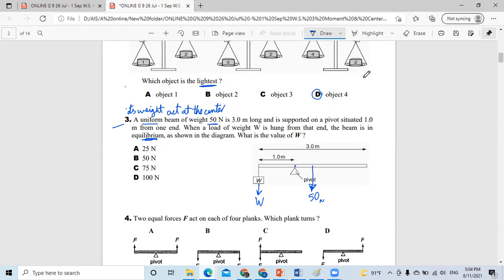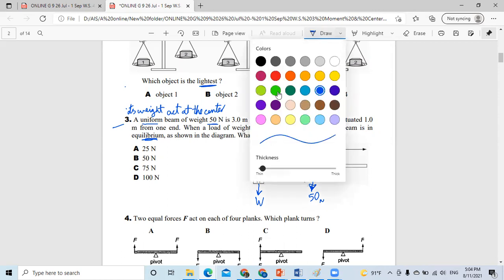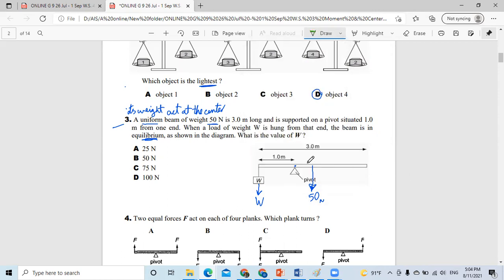Now, if this is the pivot and we want to find out the moment clockwise and the moment anti-clockwise, we can find that there is a moment acting clockwise from the 50 Newton weight, and there is a moment acting anti-clockwise from the weight W. So moment clockwise equals moment anti-clockwise. The moment clockwise is force 50 multiplied by how far it is from the pivot.